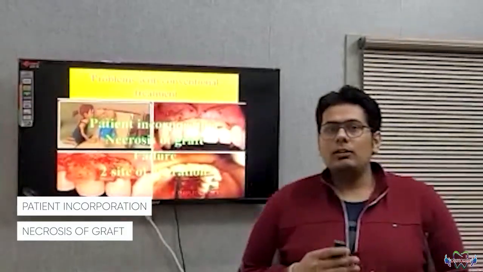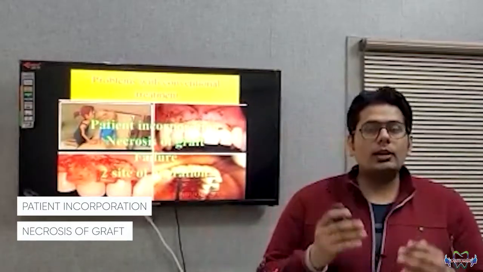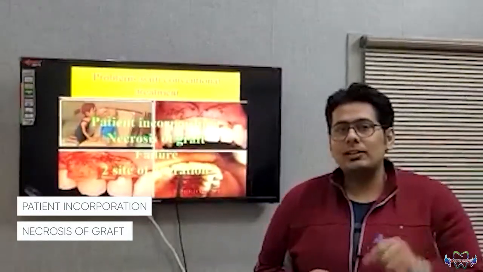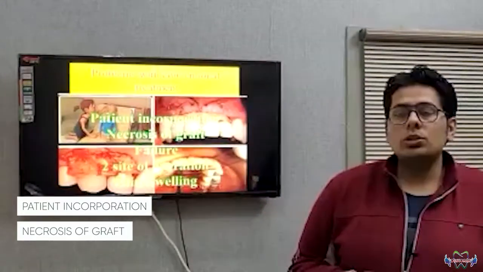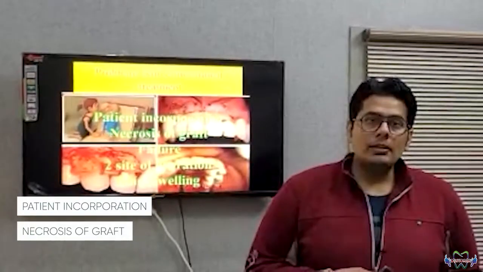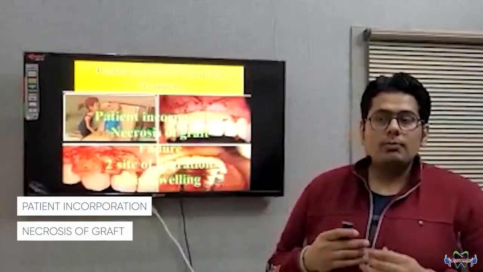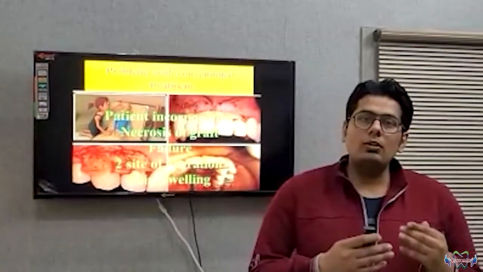Generally there are 2 sides of the operation: the side where you take the graft and the side where you place that graft. So sometimes there is pain and swelling also. These are problems which generally occur during surgery, and patients refuse this conventional line of therapy.